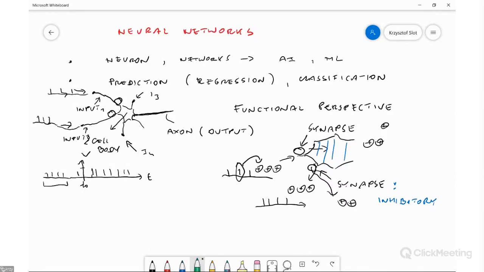And the second synapse, this one, can be called excitatory. This means it will be contributing to increasing the electrical potential of a cell body. If this electrical potential, let's name it Q, at some time instant t exceeds some threshold value theta, then a bunch of ions is produced and sent to the output of this neuron.